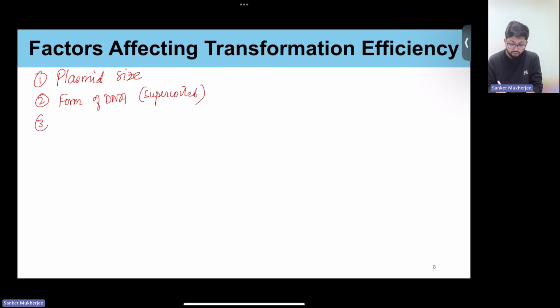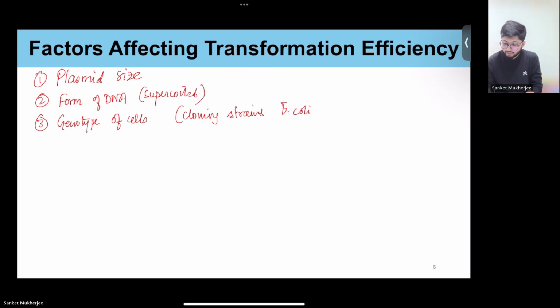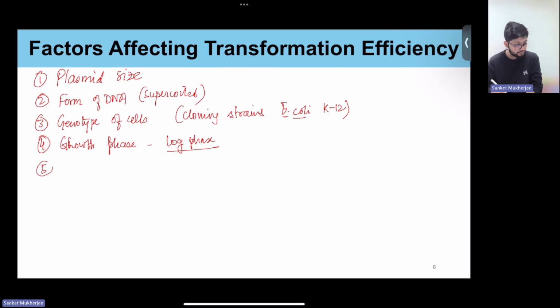Then talking about the genotype of cells, like the cloning strains of E. coli are E. coli K12 strains. These are the preferred lab strains. So they have higher competence, or transformation efficiency is also higher. Obviously, the growth phase, that is the log phase, is the best phase for highest transformation efficiency.